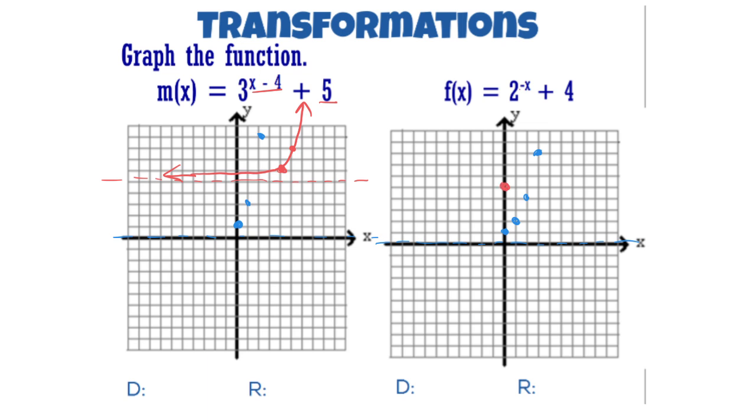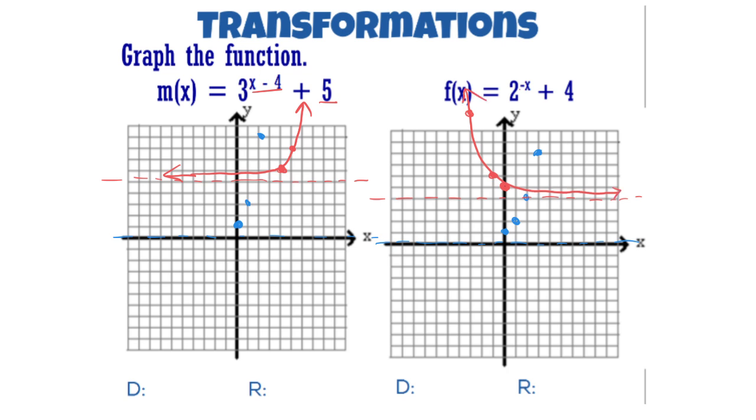Next one, reflect horizontally, so this point is going to end up here, and then up 4. Next one, reflect horizontally, up 4, up here somewhere. The up 4 is taking the asymptote up 4. And here's my graph.